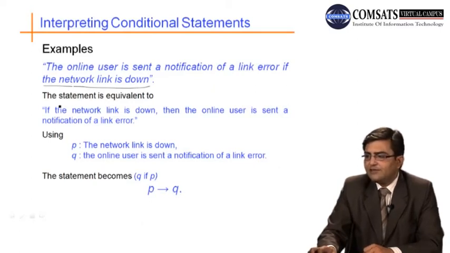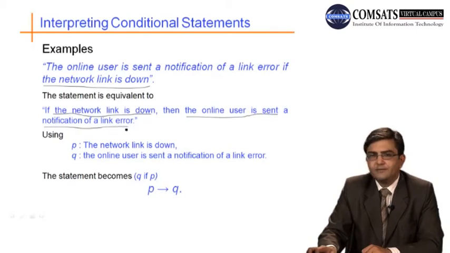So the above statement can be written as, if the network link is down, then the online user is sent a notification of a link error. If we say that these are propositions, the network link is down and the online user is sent a notification of a link error.